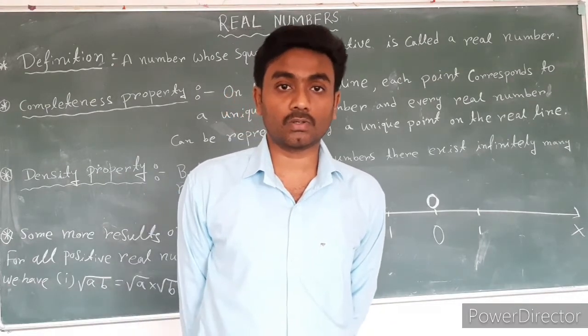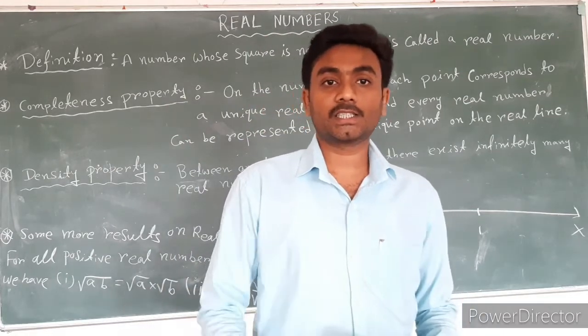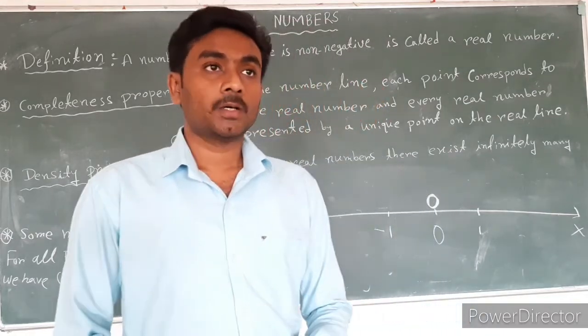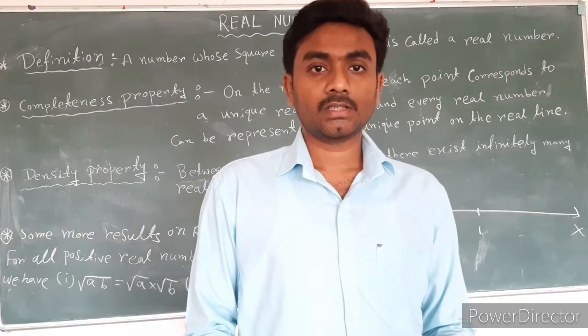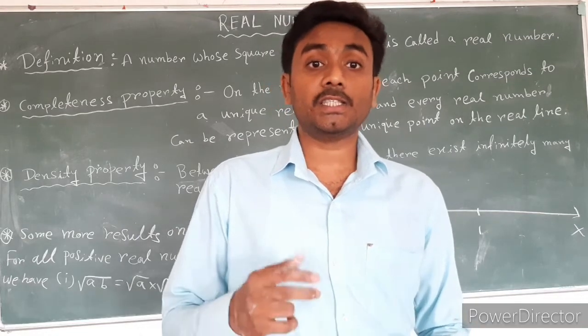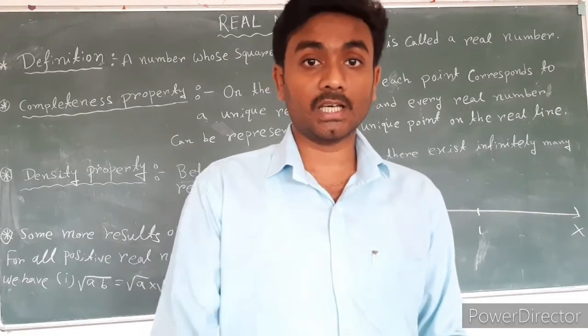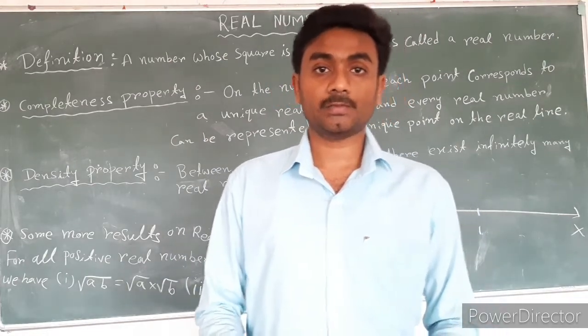This property is known as the completeness property. Second property, density property. Between any two real numbers there are infinitely many real numbers. This property is known as the density property.